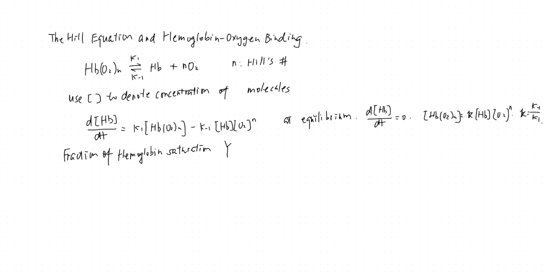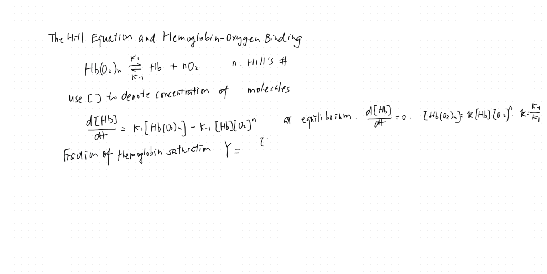By definition, it's the fraction of hemoglobin that has oxygen binding to it. Well, you can think in that way. It's the fraction of hemoglobin that you have oxygen binding to it.